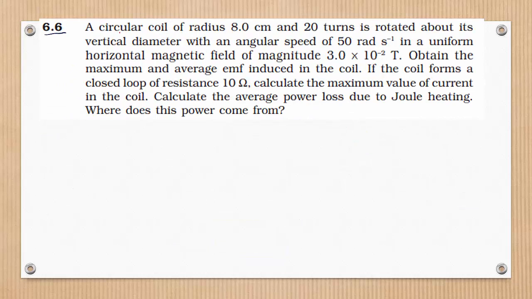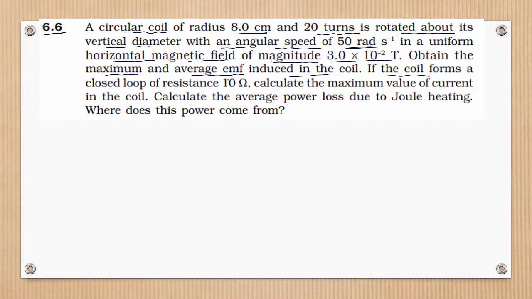Here's the next question. A circular coil of radius 8 cm and 20 turns is rotated about its vertical diameter with an angular speed of 50 radian per second in a uniform horizontal magnetic field of magnitude 3 into 10 raised to minus 2 Tesla. Obtain the maximum and average EMF induced in the coil.